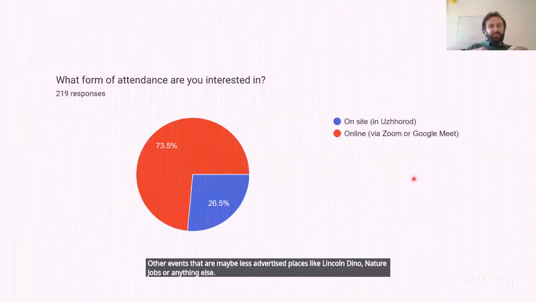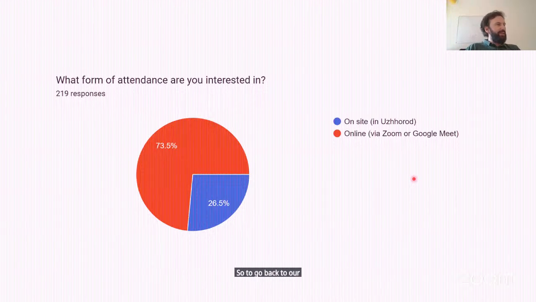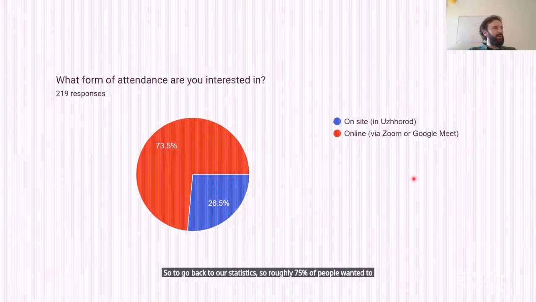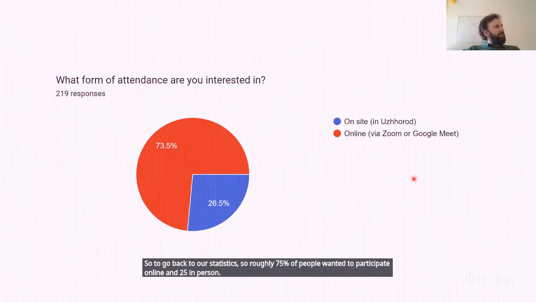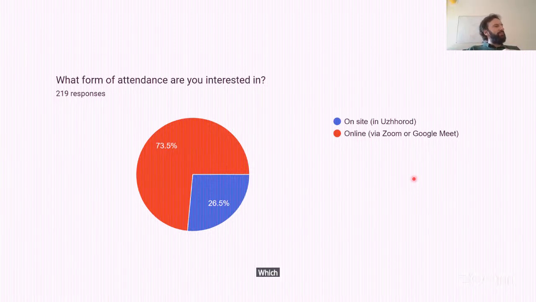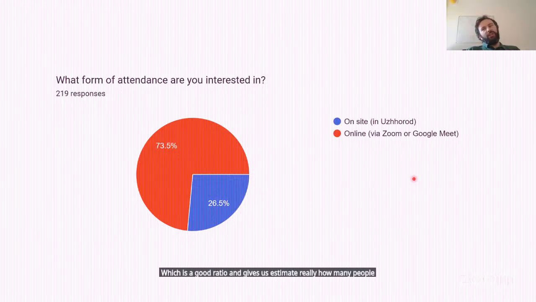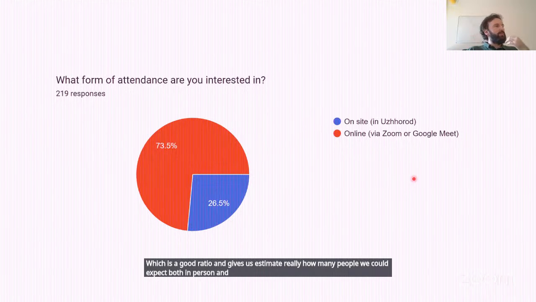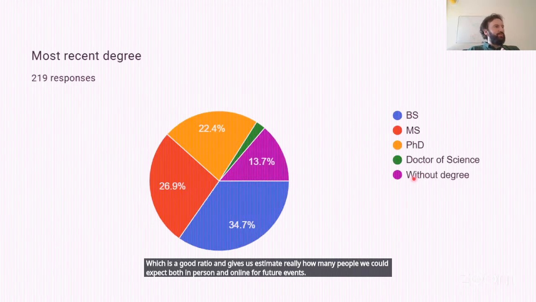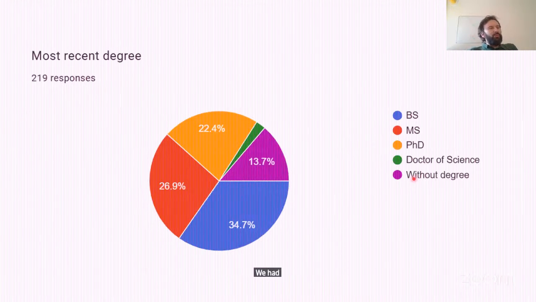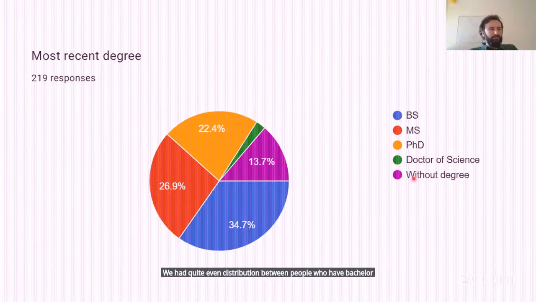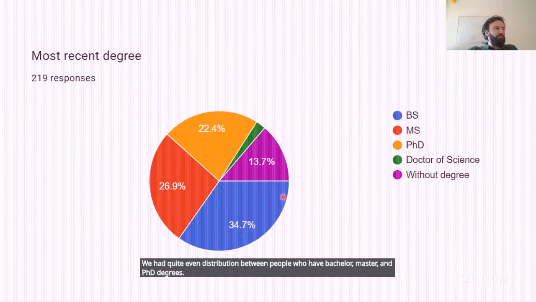So to go back to our statistics, roughly 75% of people wanted to participate online and 25% in person, which is a good ratio and gives us an estimate of how many people we could expect both in person and online for future events. We had quite an even distribution between people who have bachelor's, master's, and PhD degrees, and also a significant fraction of people without degrees.